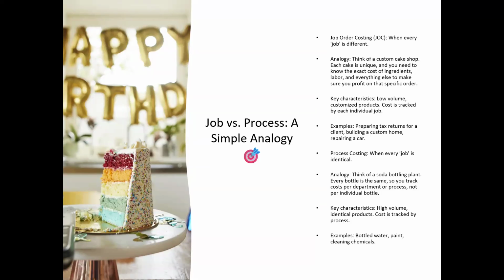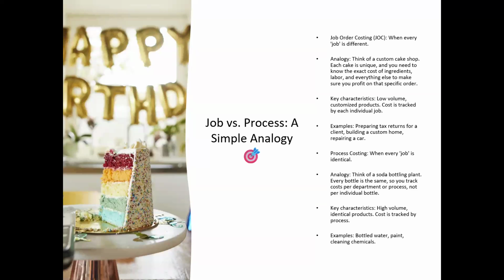Right here, I have two, which is job and process costing. We also have a third method, which is called the hybrid method. That is not the key focus of this topic. Our key focus will mainly be on the job costing, but it's also good to understand the difference between the job costing and process costing. And of course, the combination of this is what we call the hybrid costing.